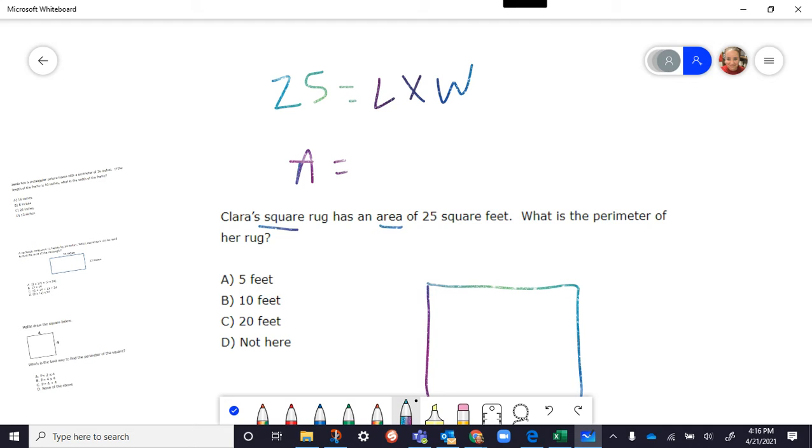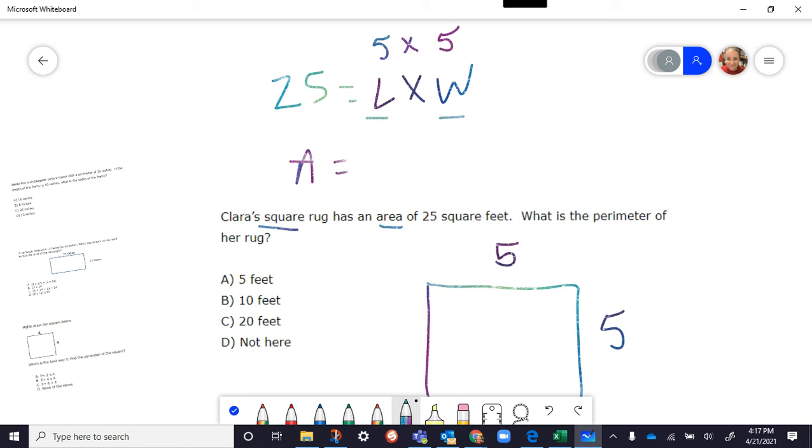So I have to think, if it's a square, then I know that all sides are the same. So this length and this width, whatever they are, they're going to be the same number. And I know that 5 times 5 is equal to 25, and that makes sense. 25 is equal to 5 times 5. So that means that each of these sides are 5.